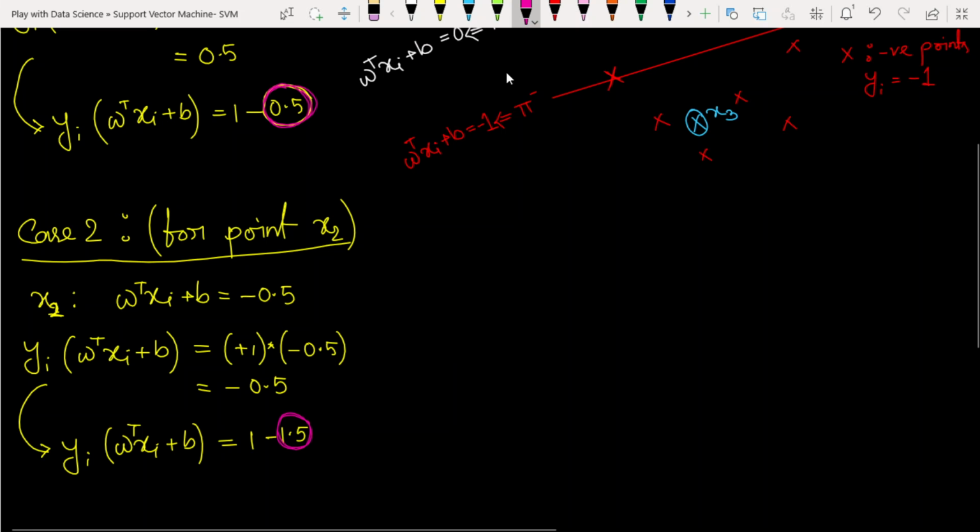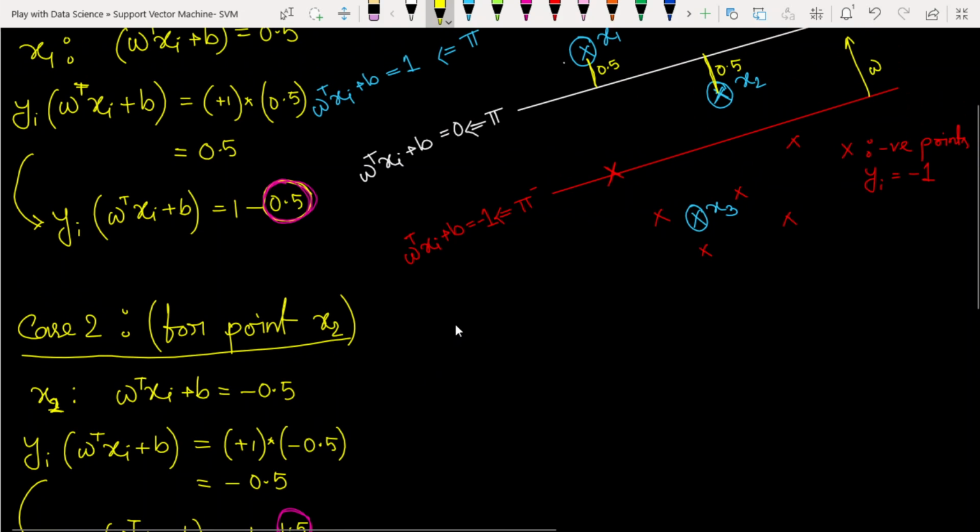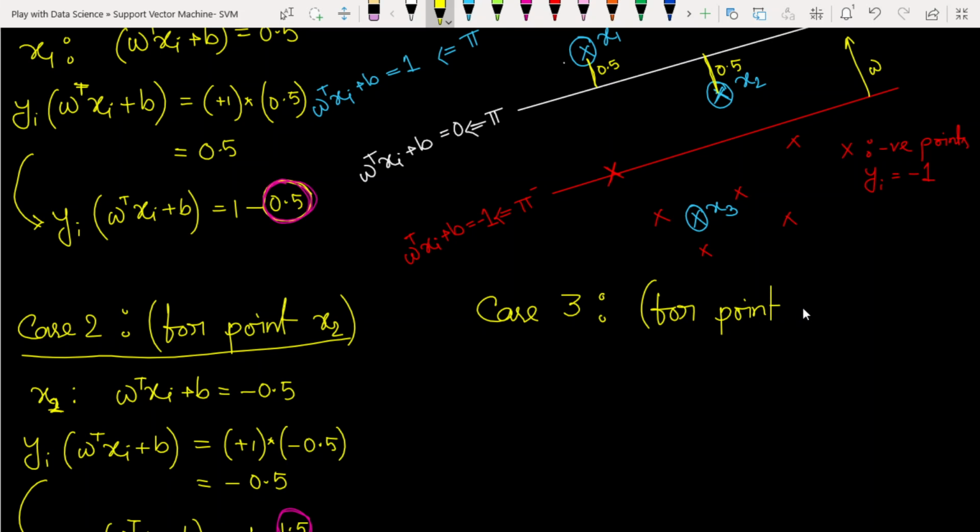Now let's consider case 3. In case 3 I am considering the x3 point. First let's take the distance from this plane to this point.